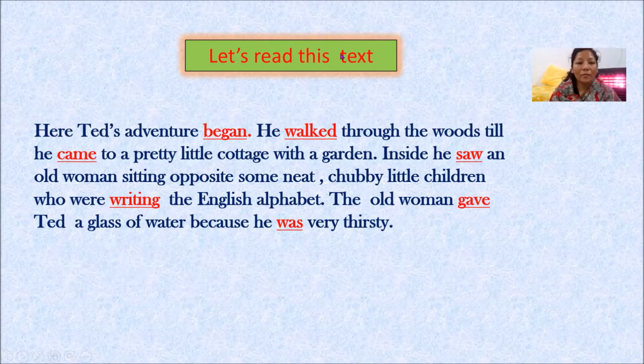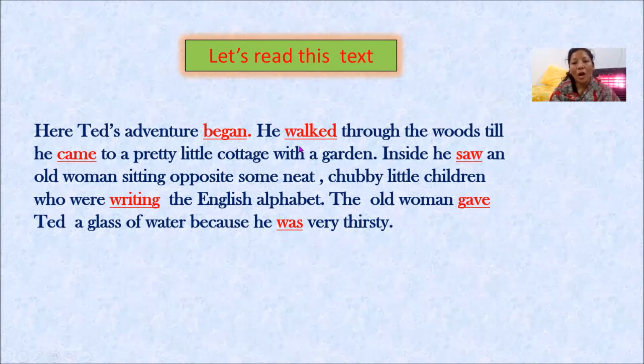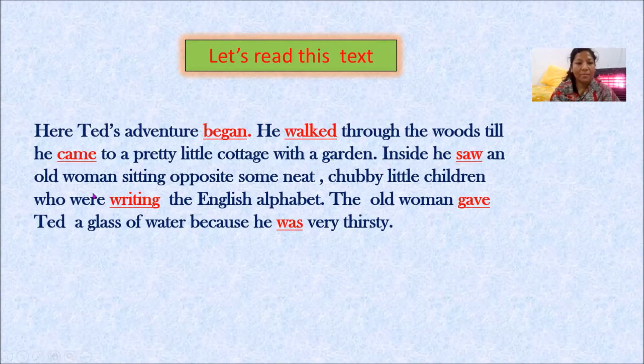Then what are the verbs here? Could you tell me? Yes: began, walked, saw, gave, was, writing, came. They are verbs. Some verbs show action, some verbs show state.